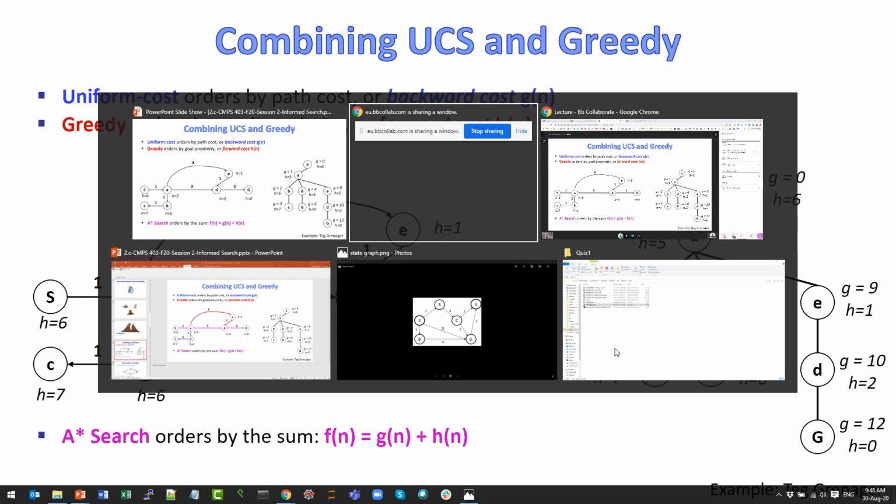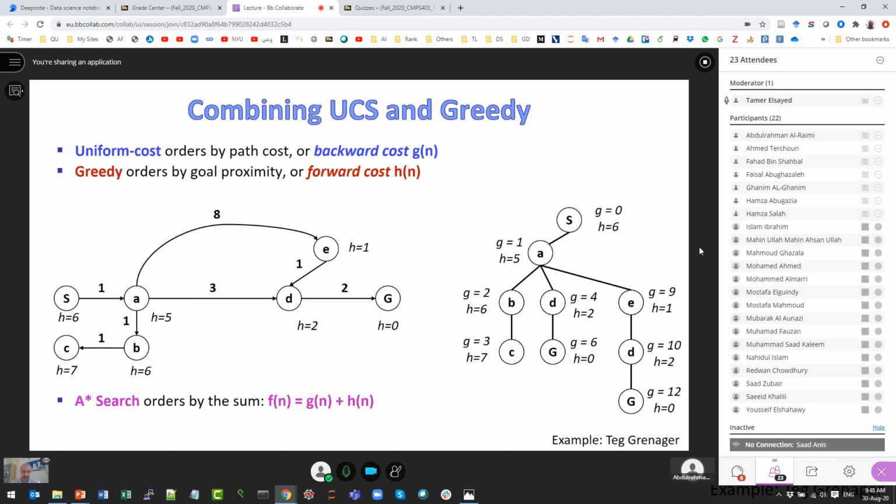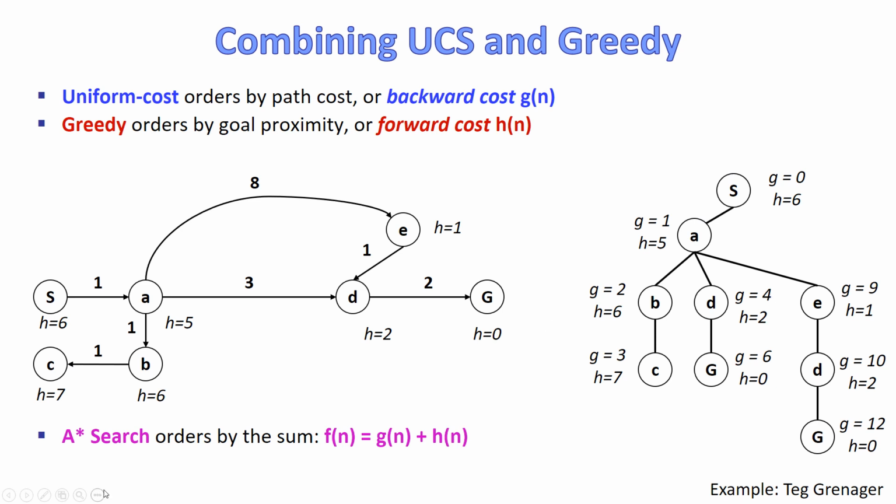Now, I will ask for a third volunteer to do A star with me on this example. Anyone? Saad? Let's do it one step at a time.